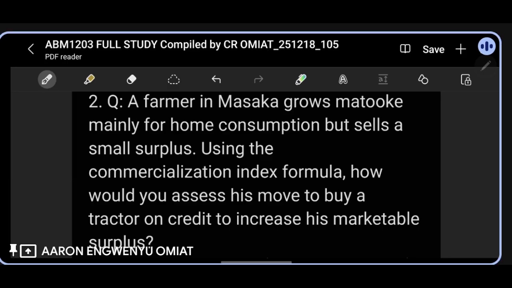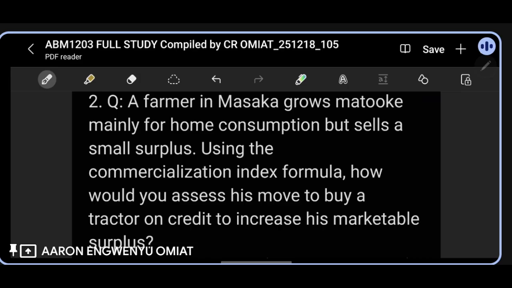Okay. So a farmer in Masaka grows matoke mainly for home consumption, but sells a small surplus. Using the commercialization index, how would you assess his move to buy a tractor on credit to increase his marketable surplus? So what happens if he buys a tractor? His input commercialization increases, right?